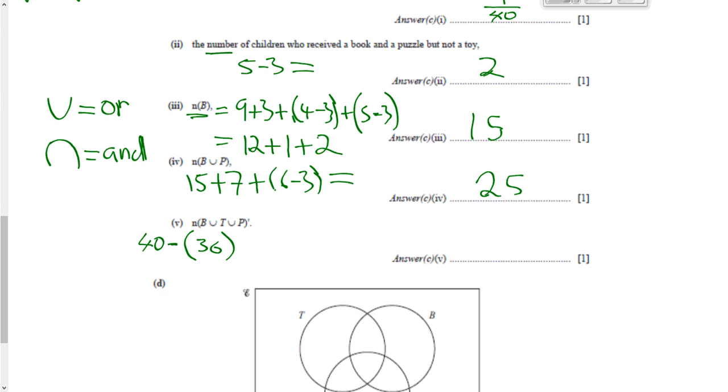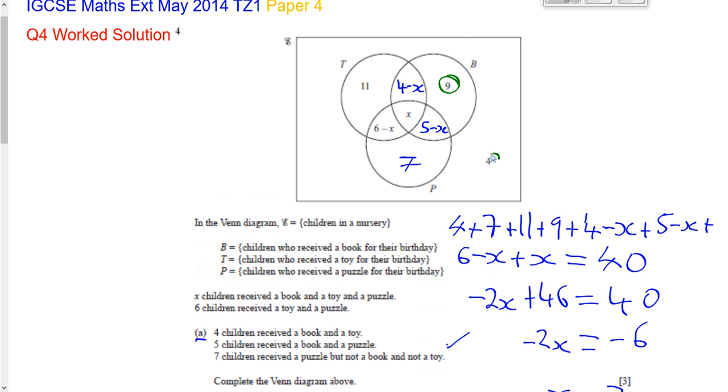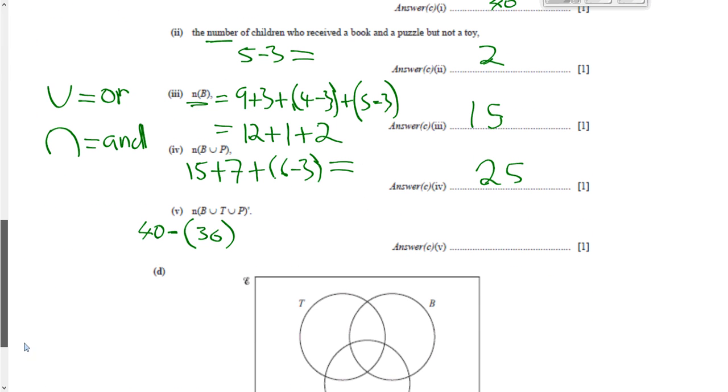We don't even have to do any maths because we can see that the ones that didn't get anything are these guys here. So the answer is 4.